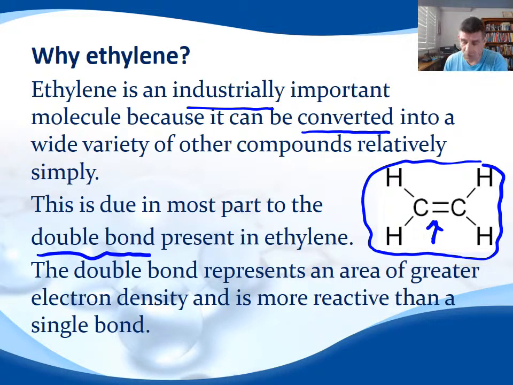One of the things to talk about is the area of greater electron density. A double bond is equivalent to 4 electrons being located in a very small region of space, very close together. Now, electrons don't like to do that, so that's one of the reasons why this double bond is so readily broken.